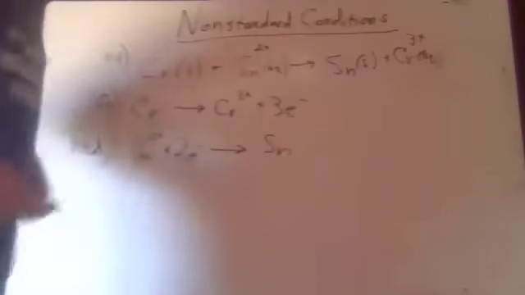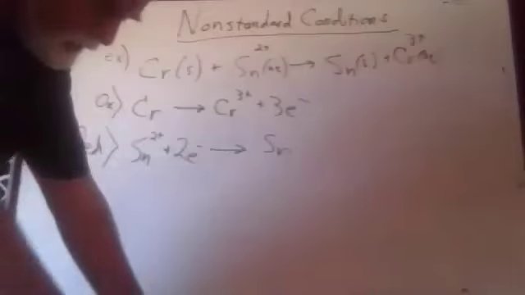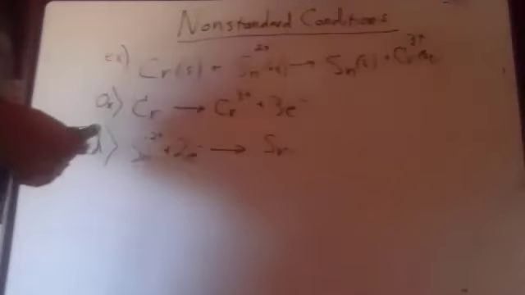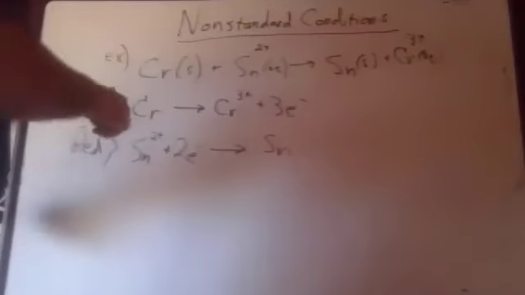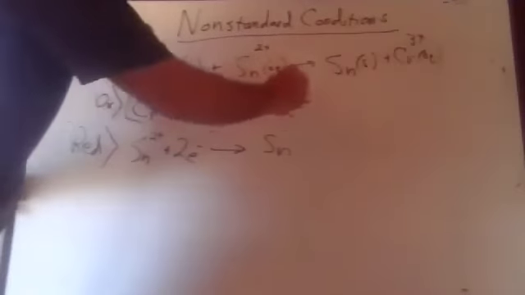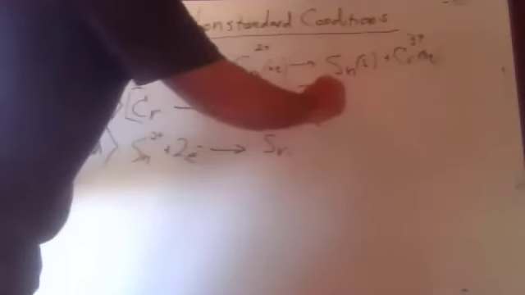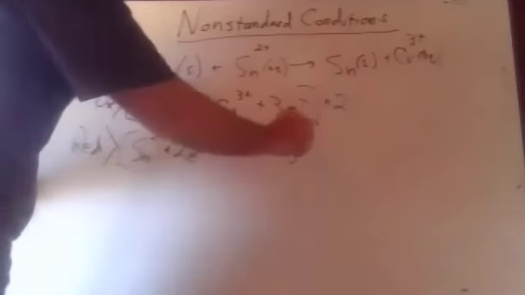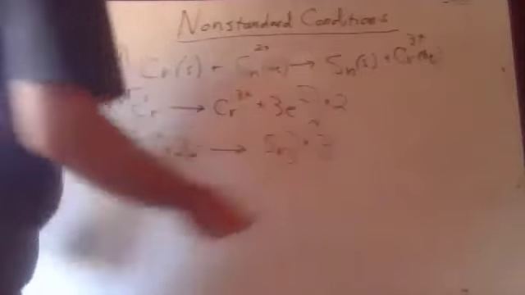goes to tin. To balance it, the number of electrons on both sides have to cancel out, which means taking this and multiplying it by 2, taking this and multiplying it by 3.